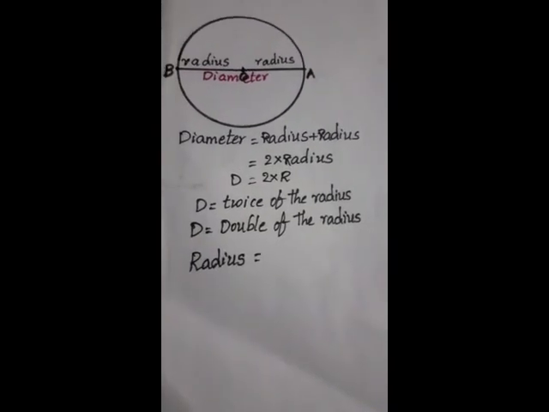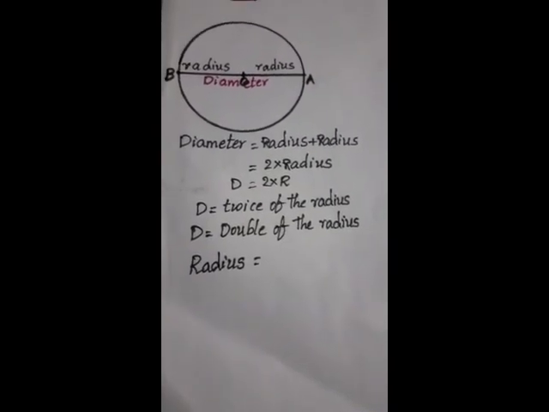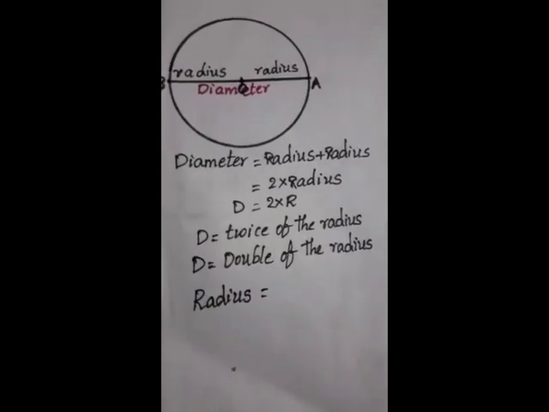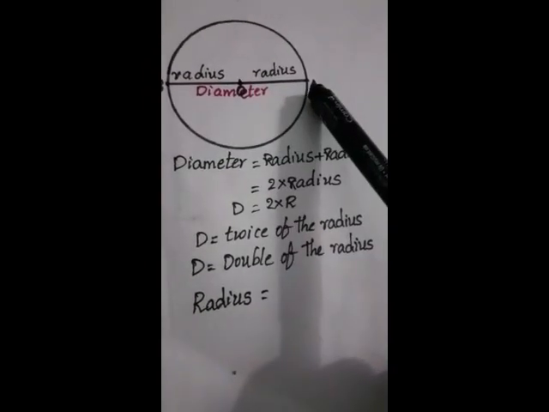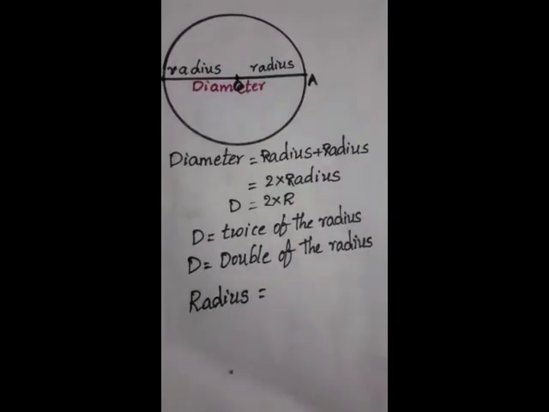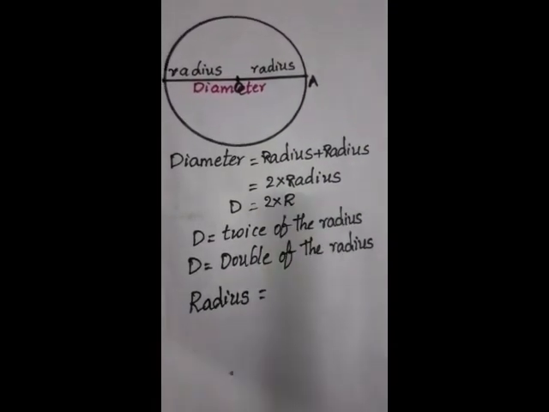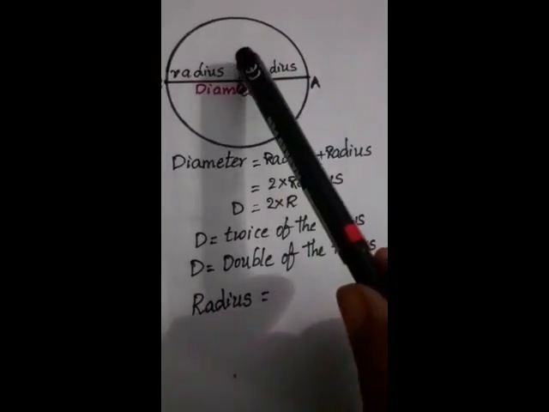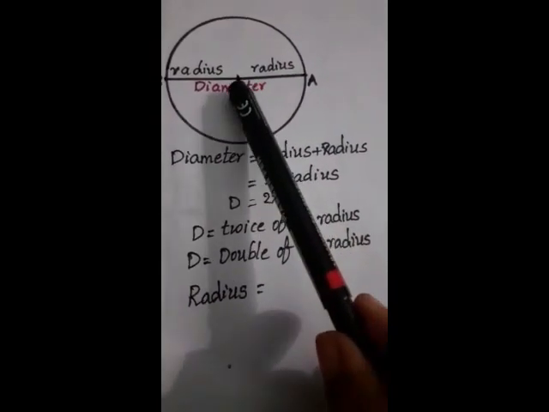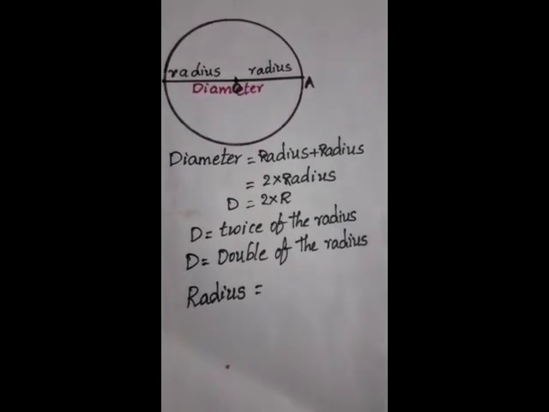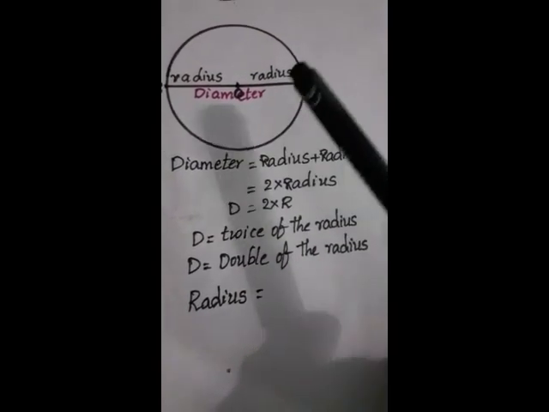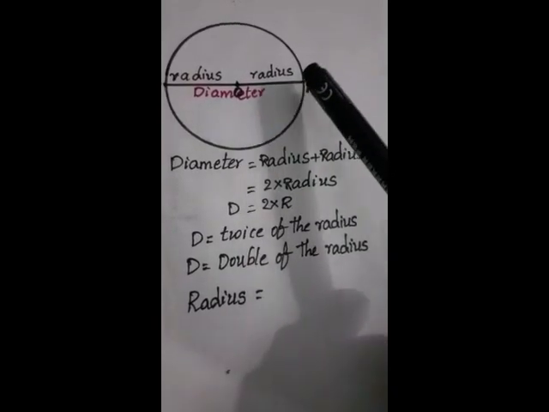From this we can find the radius also, right? Yes. If you want the radius, this full line is the diameter. If you take half of the diameter, what will it be? Look here, this is the diameter. If you take half, what will you get? Radius. So from the diameter, if you take half, you will get the radius.